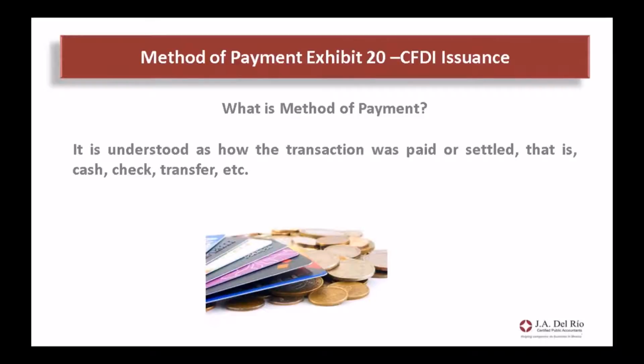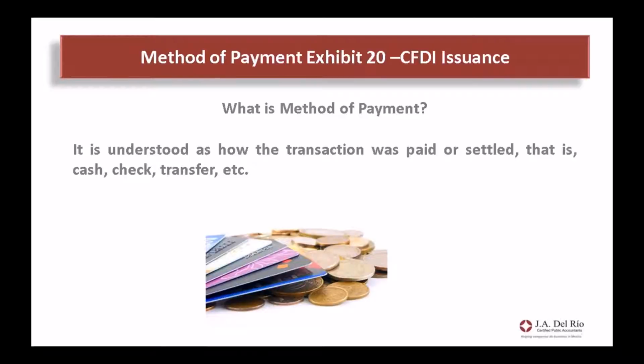Now, the same Exhibit 20 recognizes a second requirement, which is method of payment. And by method of payment, according to the Exhibit 20, we can understand that it's, let's say, the vehicle by which the transaction was paid, such as cash, check, wire transfer.